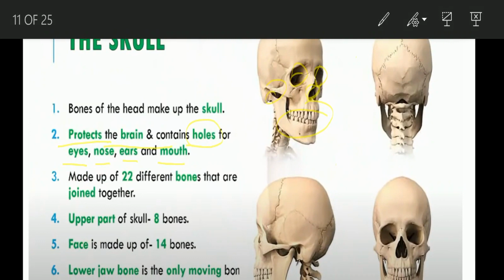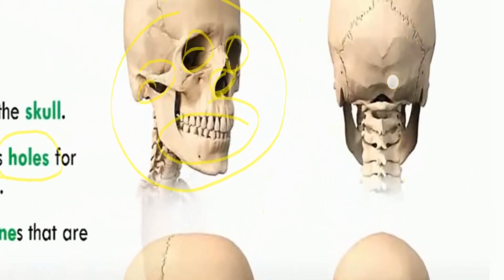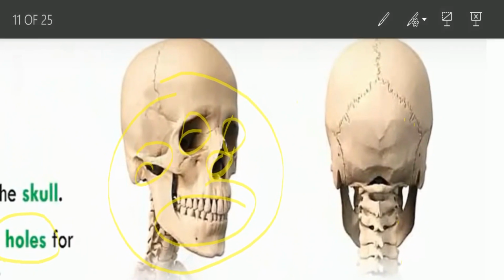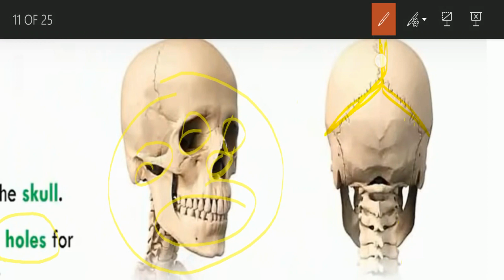It is made up of 22 different bones. It's very interesting that your head is made up of 22 different bones, and they are just joined together. Look here. These lines are just the joining of the bones.